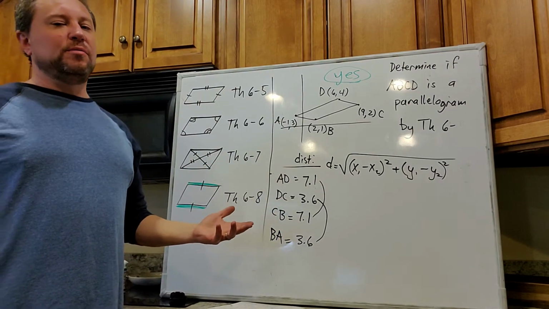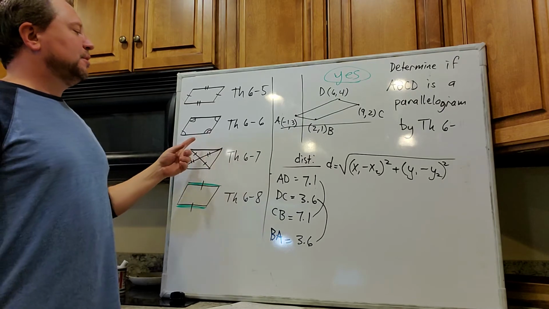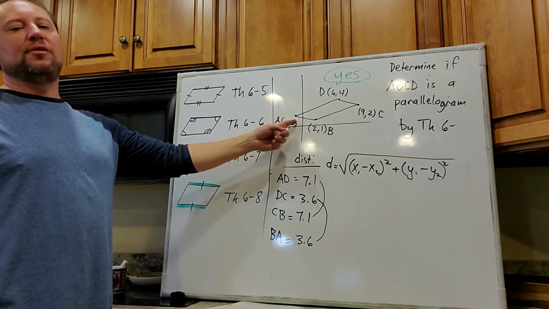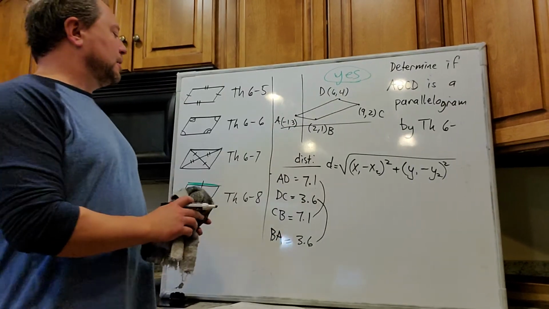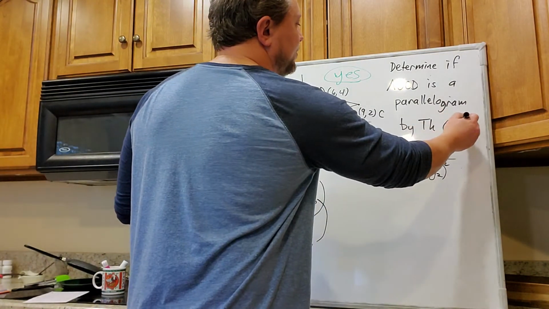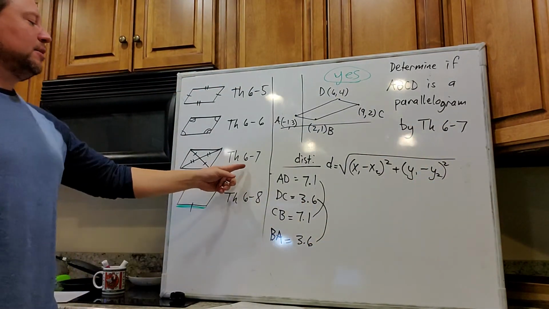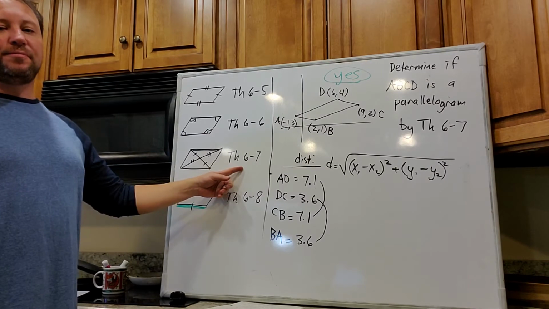So for right now, you wouldn't be able to use theorem 6.6 because we have no way of finding the measure of the angles. Okay, so that's the one they won't use, but they could ask you to do it by theorem 6.7, for example.